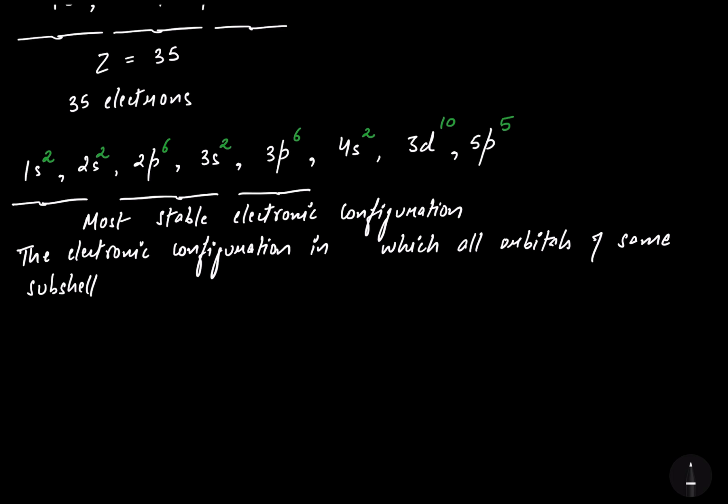The electronic configuration in which all orbitals of the same subshell are either half filled, according to Hund's rule. I am mentioning specifically according to Hund's rule.